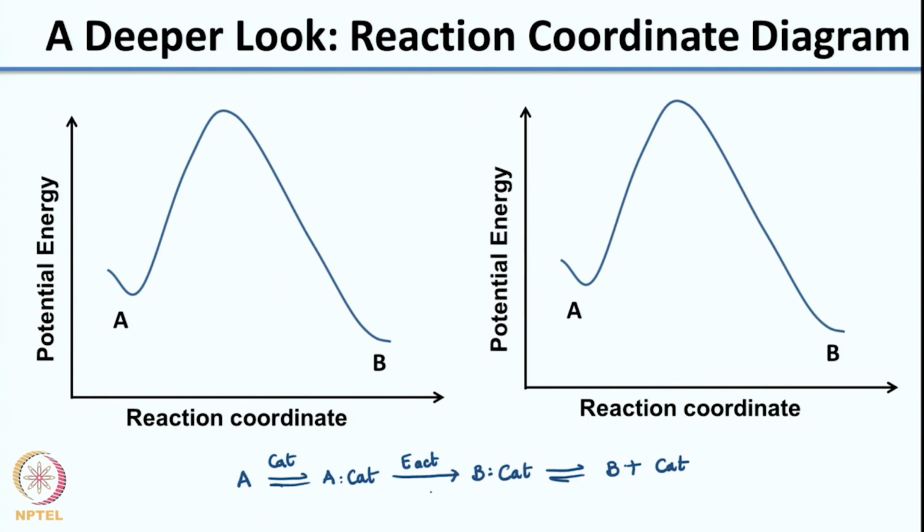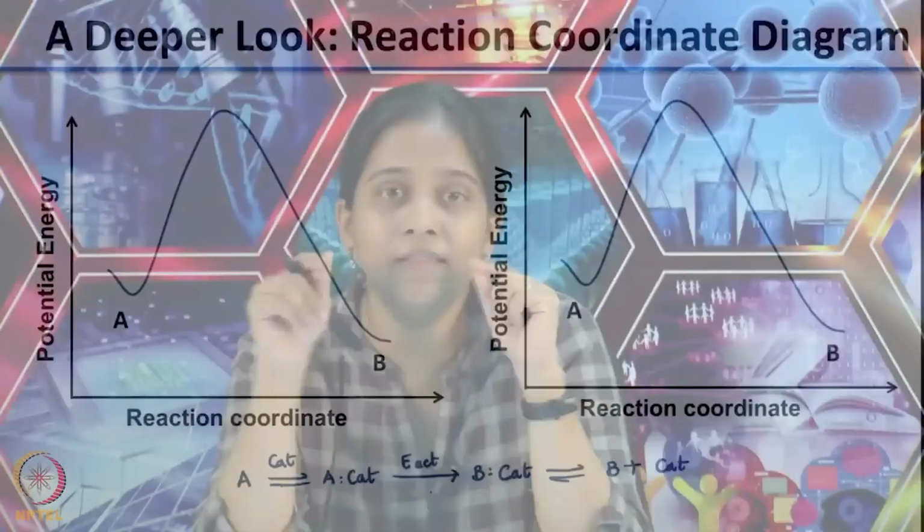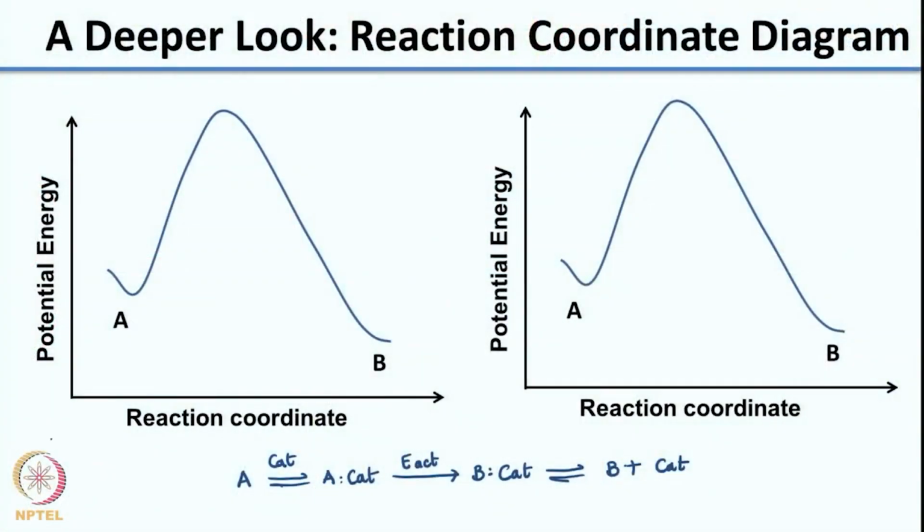So, this is the process we are interested in, A catalyst going to B catalyst. Now, I will tell you what the scenario is, and I want you to try to draw the reaction coordinate diagram. In the previous slide I had drawn it for you. In this slide now you try to draw it yourself. So, here the scenario is, let us say, case A. I will write the conditions here.